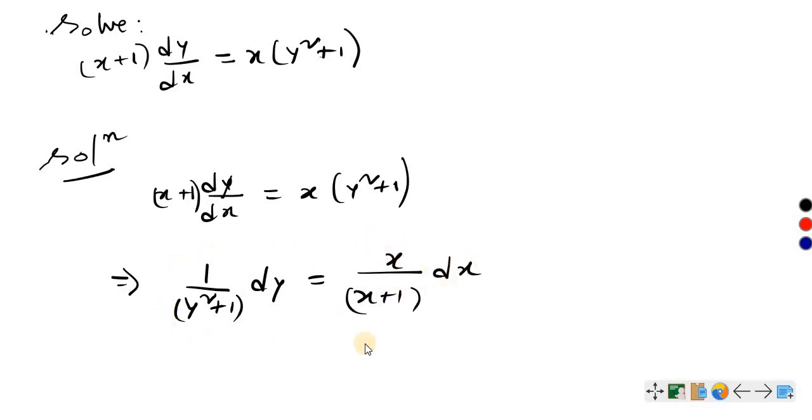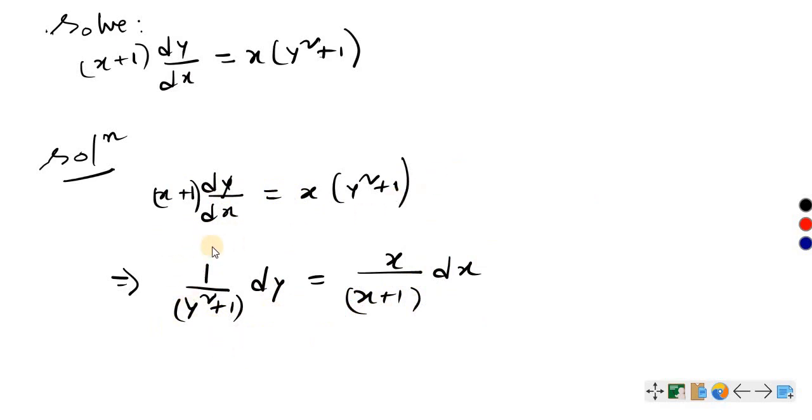So here you can see what I have done. I have just taken the denominator and brought it here, and this dx I have taken here. In this way I have separated the x variables and y variables, and now this can be solved.